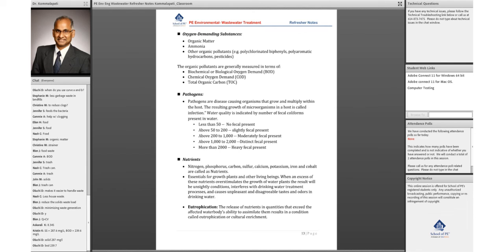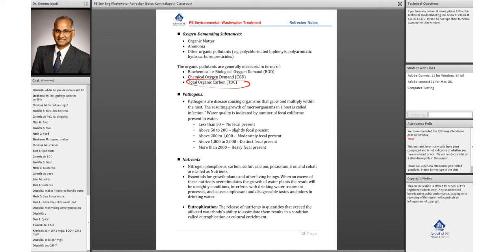The total organic carbon is not really used for the reporting purposes. Of course, we use TOC, it is easier to measure, but it is not useful for reporting purposes. Remember, if you are a wastewater treatment plant operator, you have to report, right?